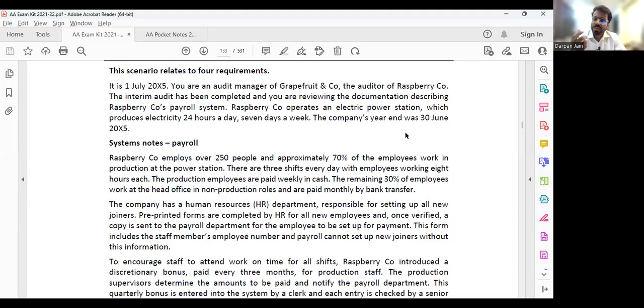We discussed that 70% of the employees are working in production and are paid in cash. 30% work in offices and are paid through the bank. There is a separate HR department and a separate payroll department, right? So we said this is segregation of duties.